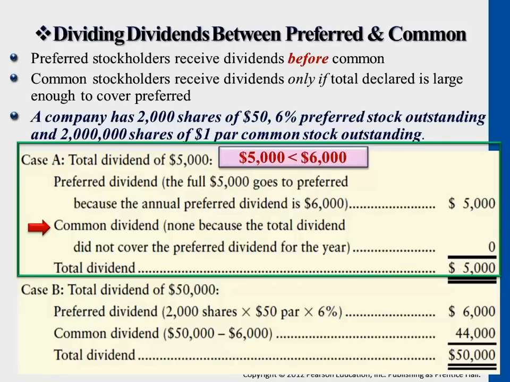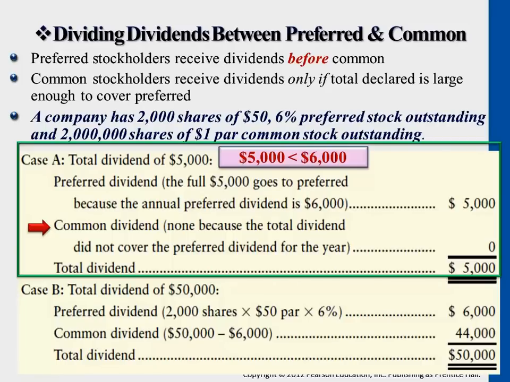Now remember that dividends are calculated based on percentages of face value. If we look at this example, it tells you a company has 2,000 shares of $50. This is a preferred stock. Face value is 50. Altogether, they issued 2,000 shares. The dividend rate is 6%.